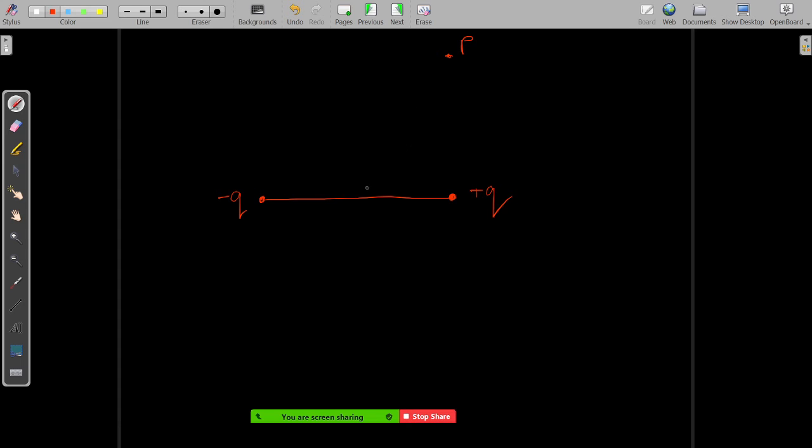We don't take the explicit distance from the charges minus q and plus q. What we take is the distance of that point from the center of the dipole. This is the equatorial line, and the line joining minus q and plus q is your axis.